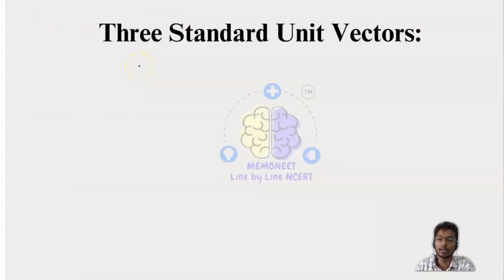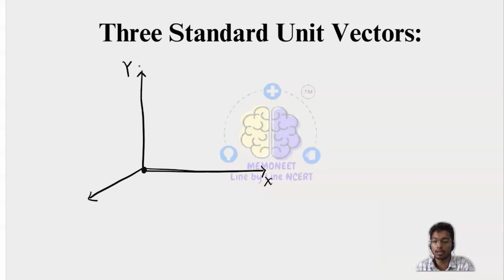Standard unit vectors: let's say we have the Cartesian plane like this. This is the origin here, and it is x, it is y, and this is z. Along x we have i cap, along y we have j cap, and along z we have k cap.